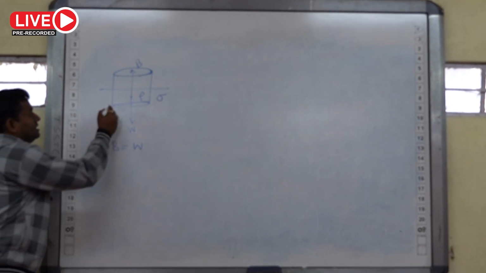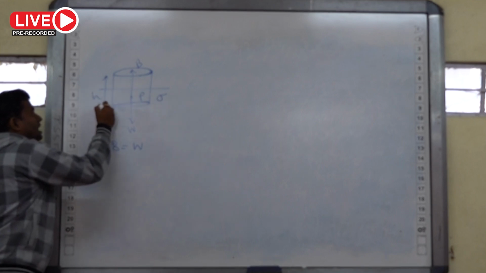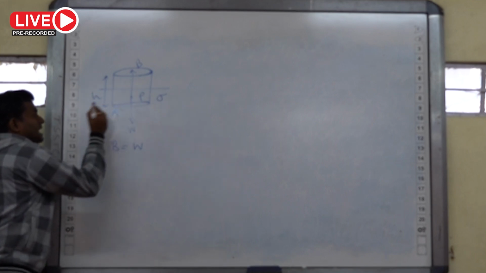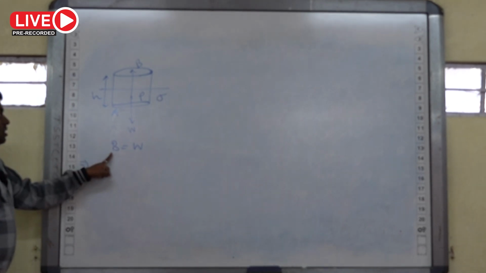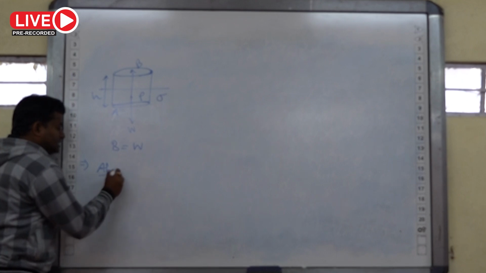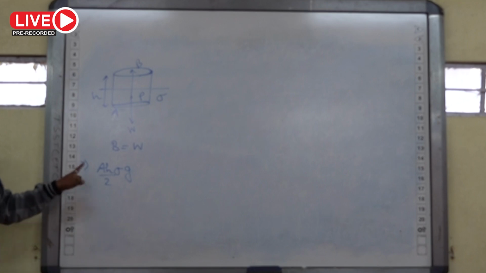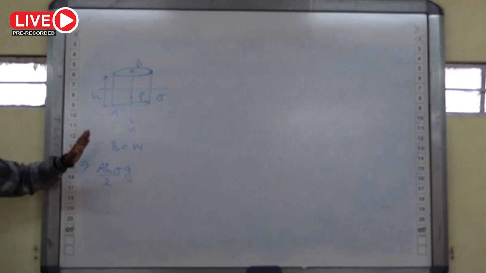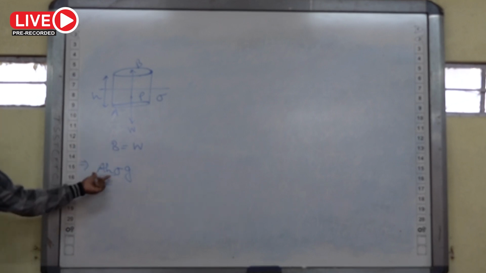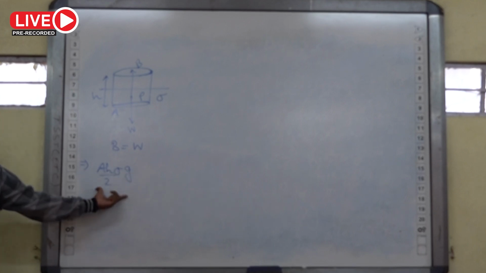Let us consider that height of the cork is h, and we consider area of cross section is A. So half of the volume means Ah by 2, into density of the liquid, into g, that is the buoyant force. Buoyant force means volume that is immersed, because equal volume of fluid will be displaced. So volume immersed will be Ah by 2, density of the fluid into g. This will give you the buoyant force.